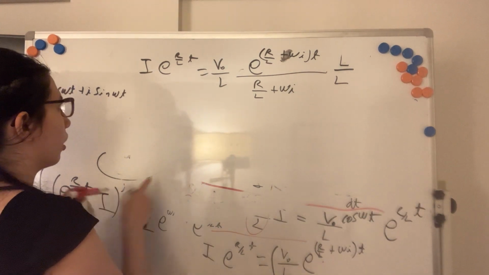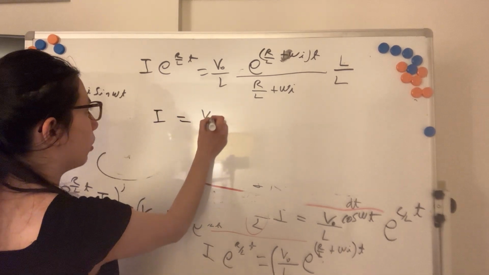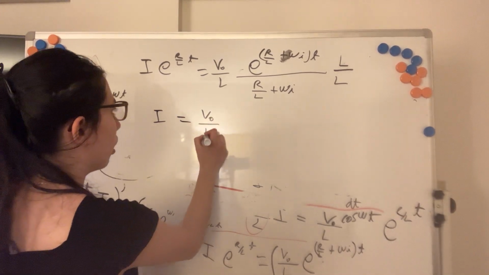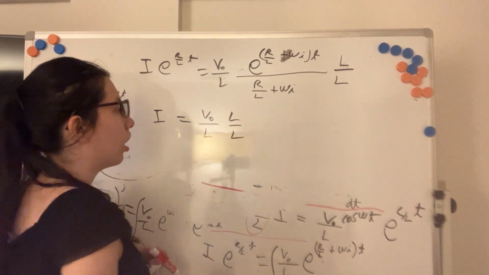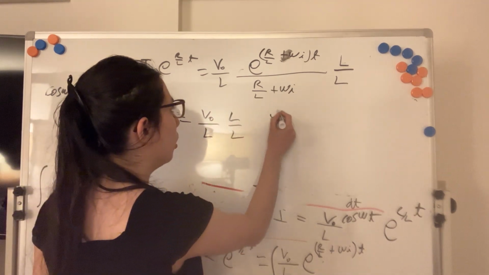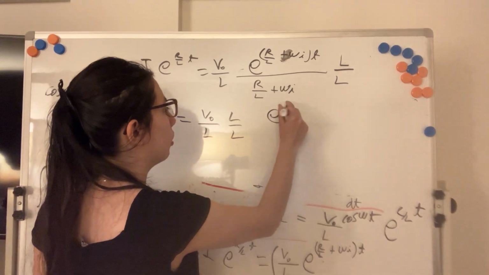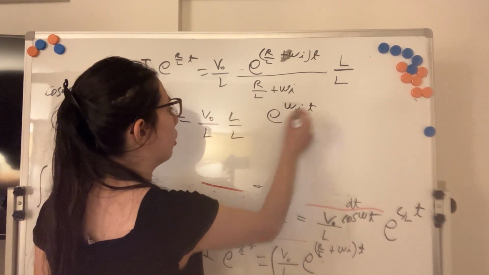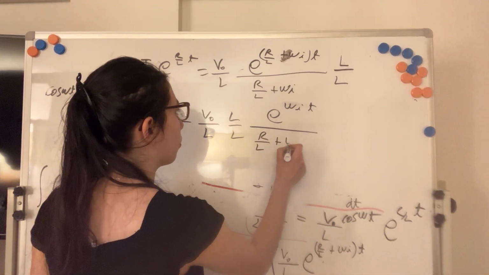So I would have I is equal to V naught over L times e to the omega i t, and then divided by R over L plus omega i. I will make use of this later.